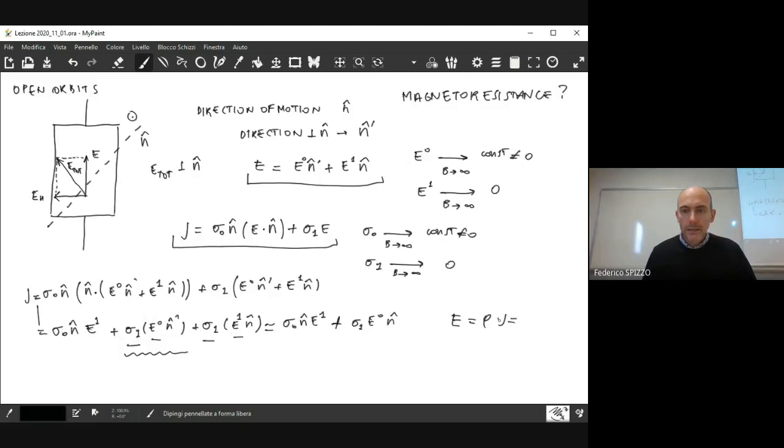And if we write this expression as resistivity times the versor of the density current times the modulus of the density current, then to evaluate the resistivity, we may just multiply everything by the versor of the density current, and at the end we have that the resistivity is the versor of the current times E divided by the modulus of J.